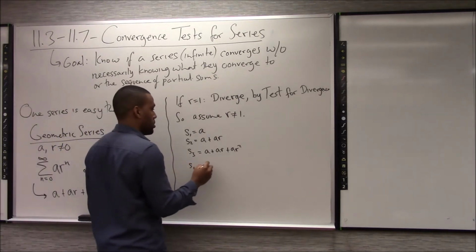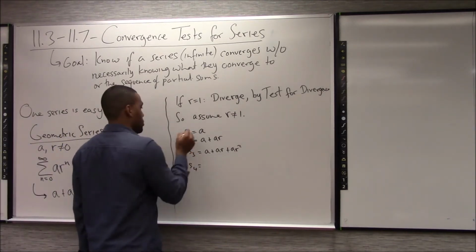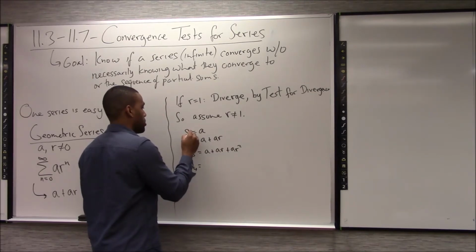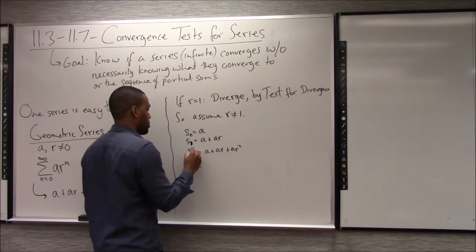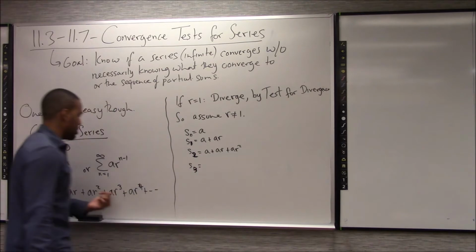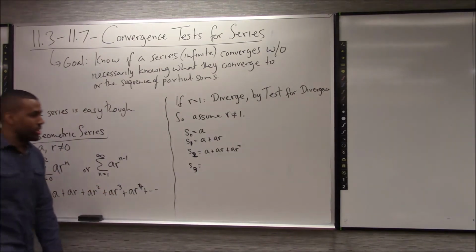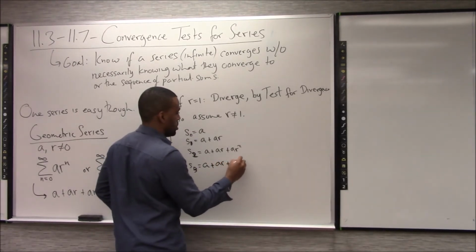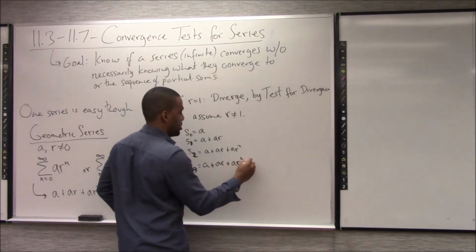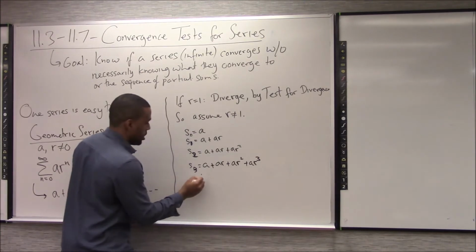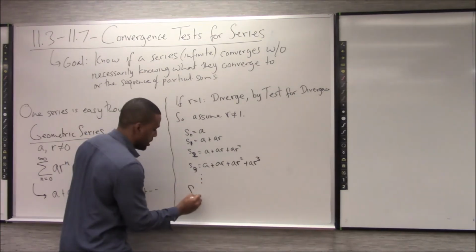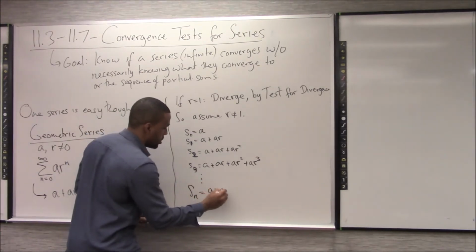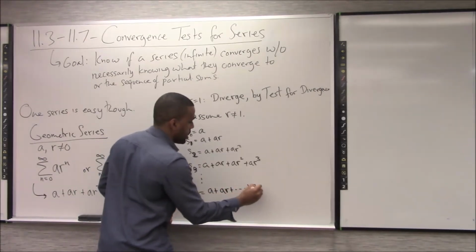S4 would be, let me look at the first term as the 0th term, maybe. And this is how I can switch the subscript if it just looks nicer. So S3 would be a plus ar plus ar squared plus ar cubed. And obviously here you're starting to see a pattern. Sn is just going to be a plus ar plus and so on, all the way up to ar to the n.